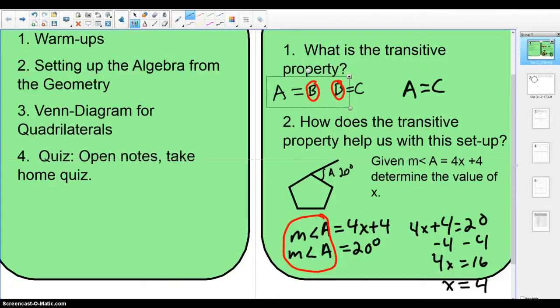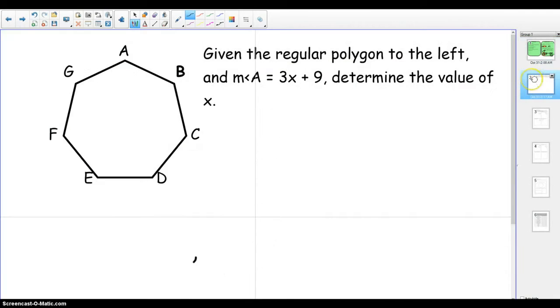This warm-up leaves us with a great lead-in to the next part that we're going to work on. The transitive property is what we use to set up all real-world situations. In this given situation, we're told that the regular polygon to the left, and the measure of angle A in that polygon is 3x plus 9. Now there are a lot of ways that we can approach this problem.